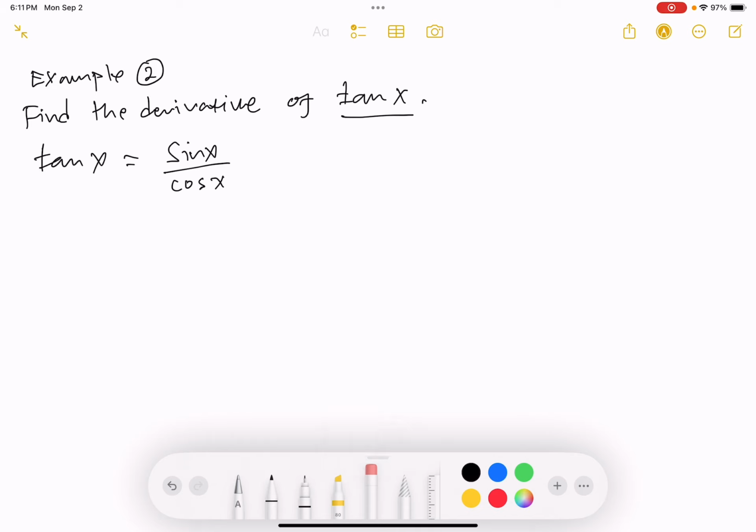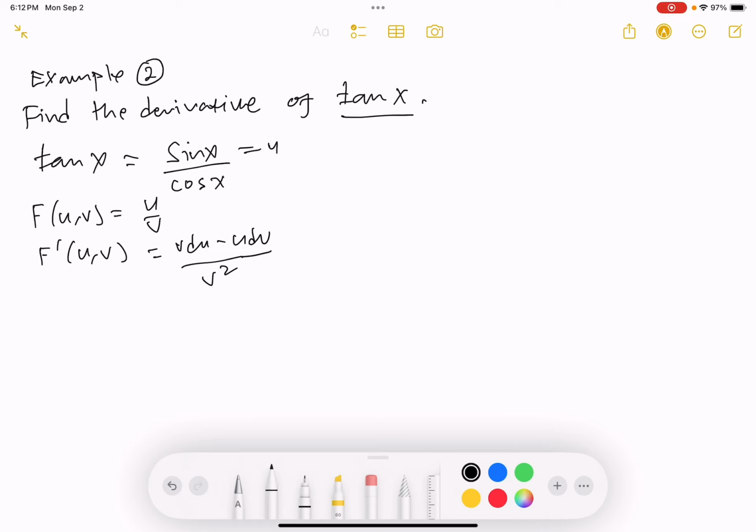So now applying, remember where we said again in the previous example, f of u of v is equal to u of v, f prime of u of v is equal to v du minus u dv over v squared. It's the same thing we're going to do here. So what's your u, what's your v? So in this particular case, sine is your u and cosine is your v, right?